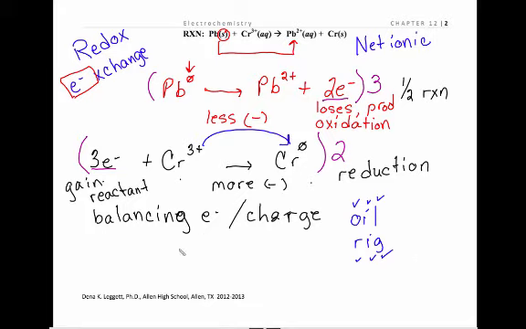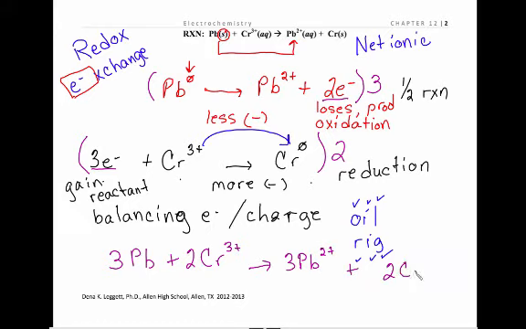So if I did that, my balanced overall reaction would be 3 leads plus 2 chromium ions yields 3 lead 2+ ions plus 2 chromium solids.